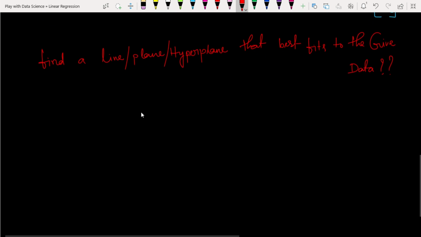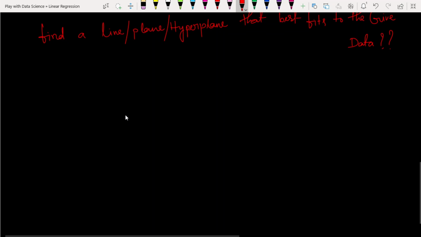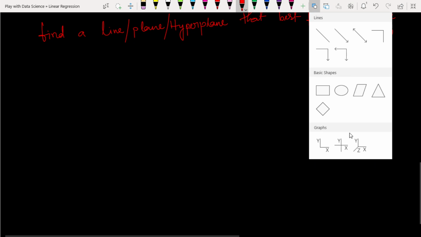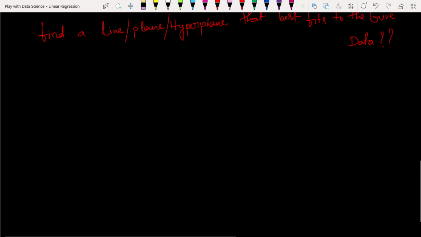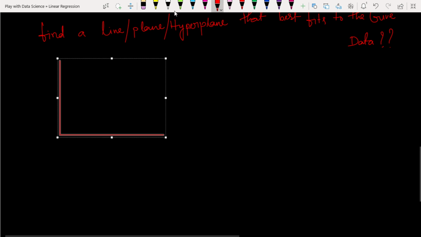At the end of the day, we have to find it. Now to visualize this, let's take our 2D example again. I think in 2D it will be very easy to visualize.